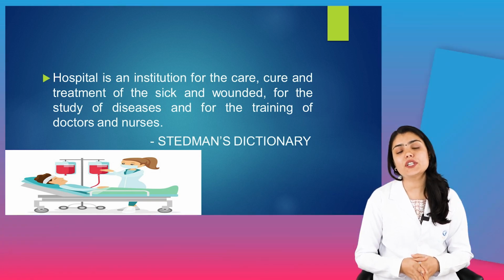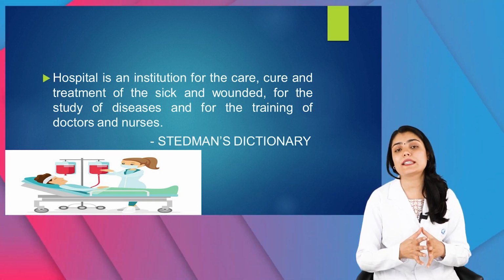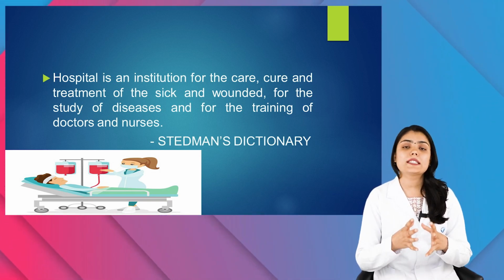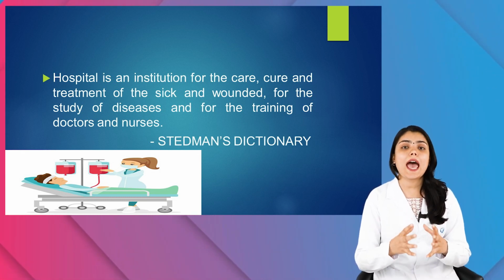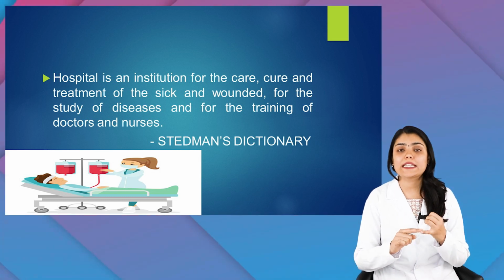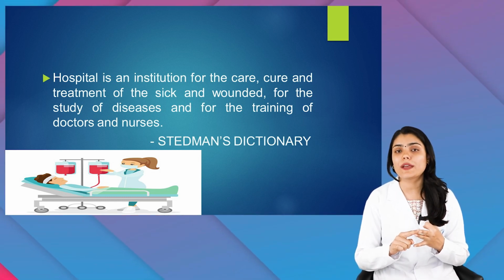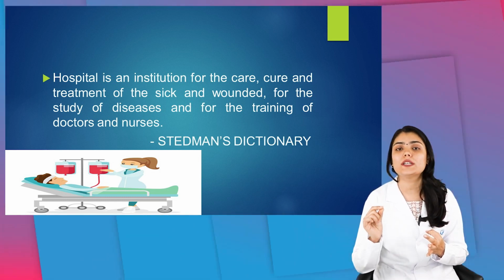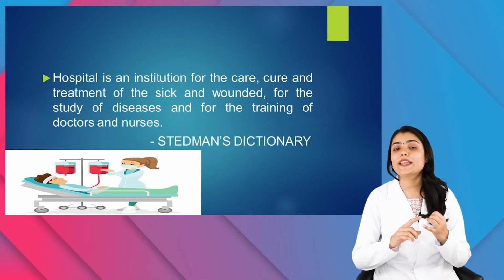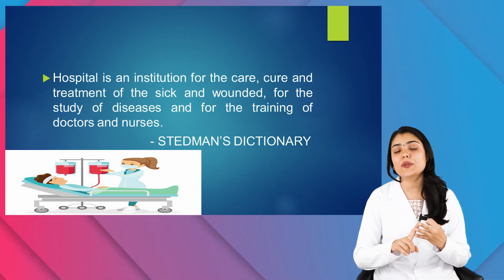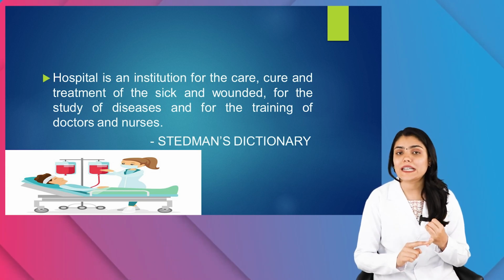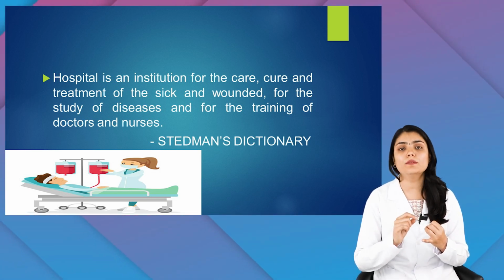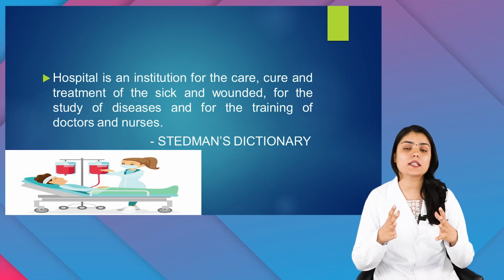The second definition that we are going to see is given by Stedman's Medical Dictionary. The Stedman's Medical Dictionary defines the hospital as a place which provides care, cure, and treatment for the sick and wounded people. Not just providing care, cure, and treatment for sick and wounded, a hospital is also a place which studies the disease and also trains the doctors and the nurses.